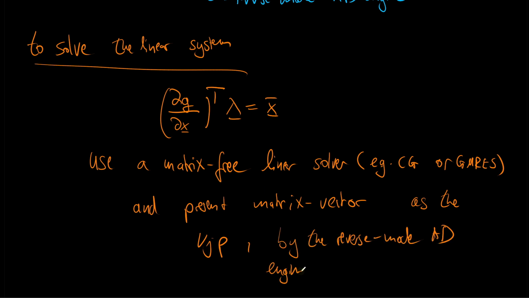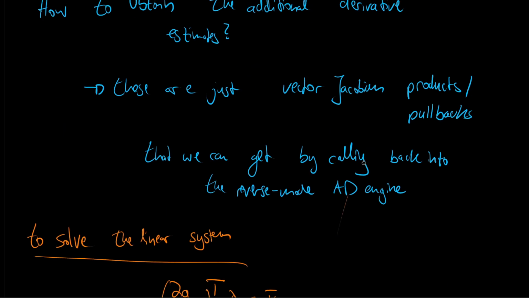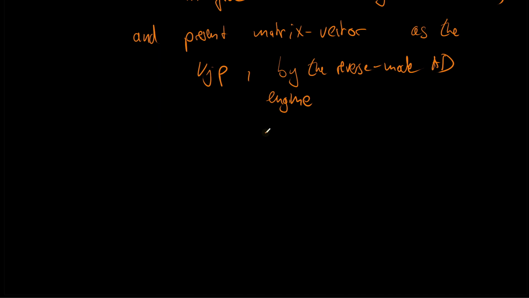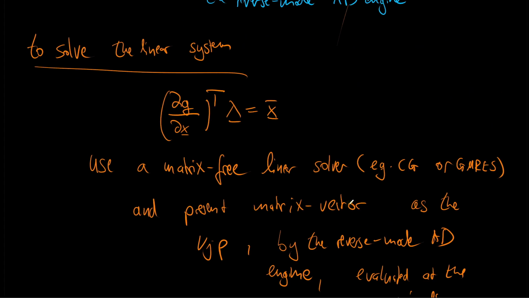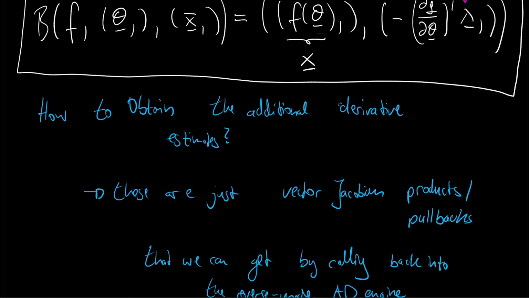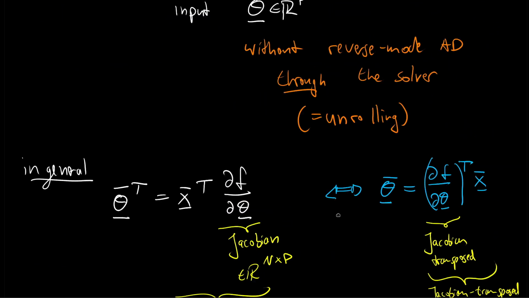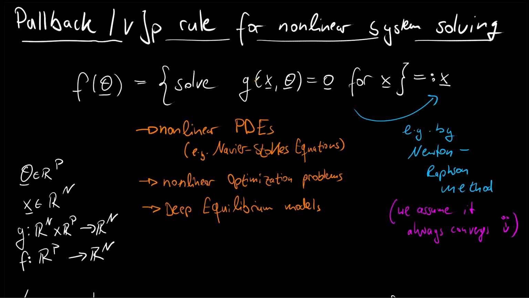Another crucial piece of information, and the same holds true for this Jacobian-vector product, is that we evaluate it at the primals, because here we want the Jacobian-transposed-vector product of a function g, which takes two inputs, and these primal inputs need to be defined for the function to work properly.